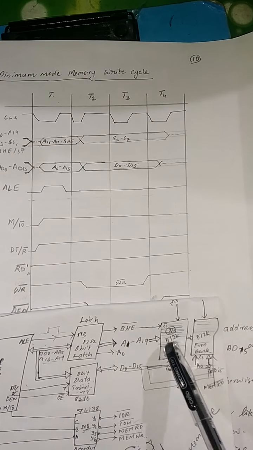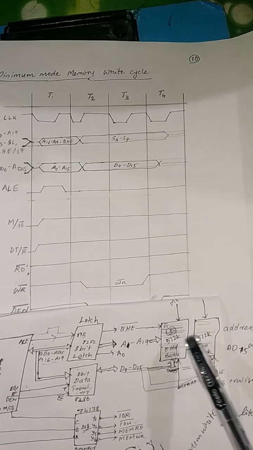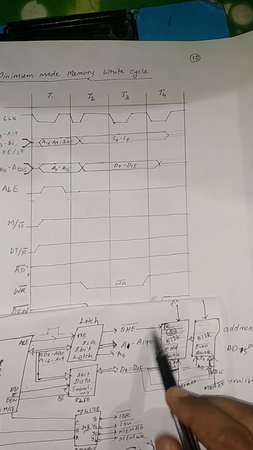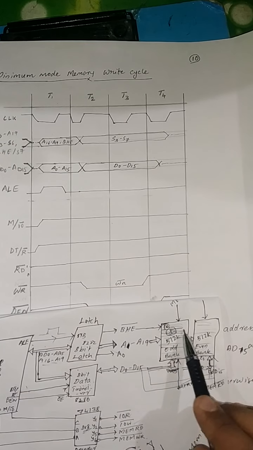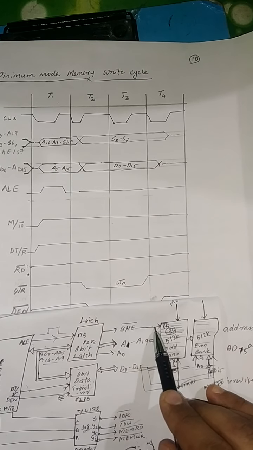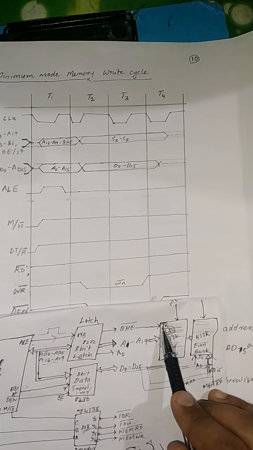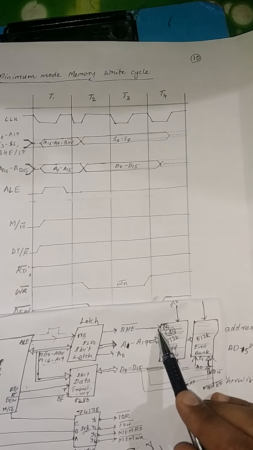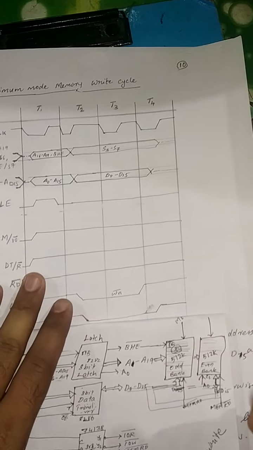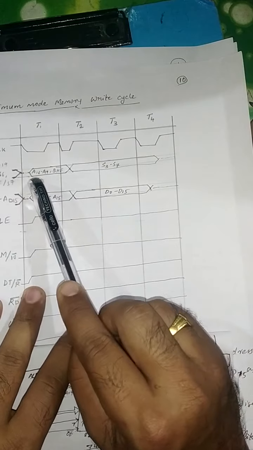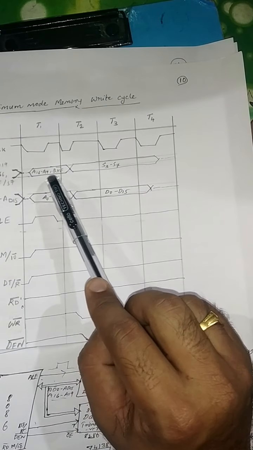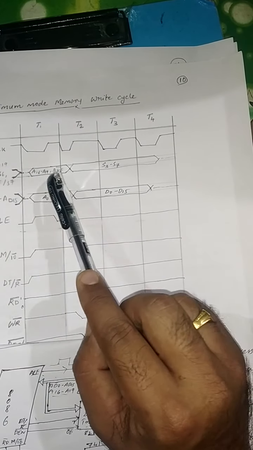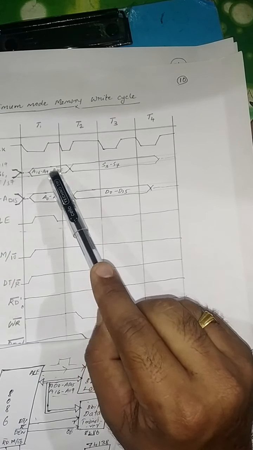I told you memory is divided into an odd bank and an even bank, and the chip selection pin of the odd bank is connected to BHE. So if it is a 16-bit operation, you need to send the BHE signal also. So here in the first case we need to send A16 to A19. These signals are multiplexed with the status signals, but in the first clock cycle we need to send the address.